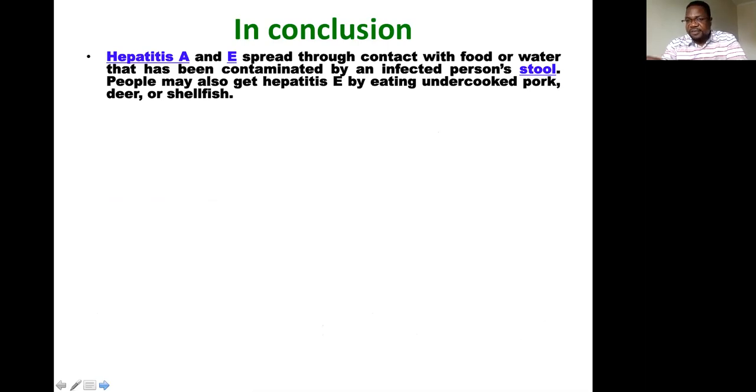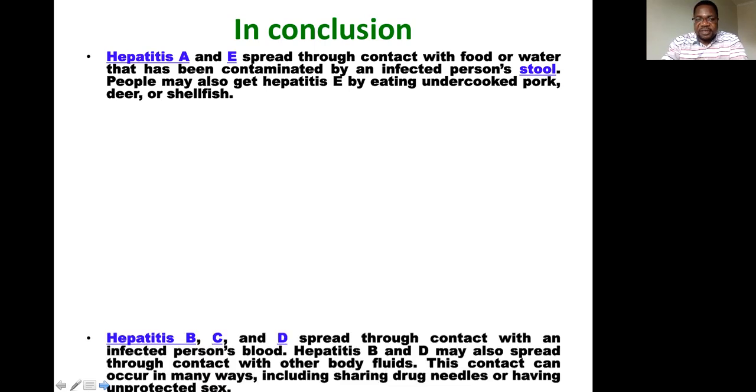Contaminated stool can contaminate vegetables, food, and fruits if you don't wash them properly before cooking, or it can contaminate water if the water system is not well treated, and then you can develop hepatitis A or hepatitis E.